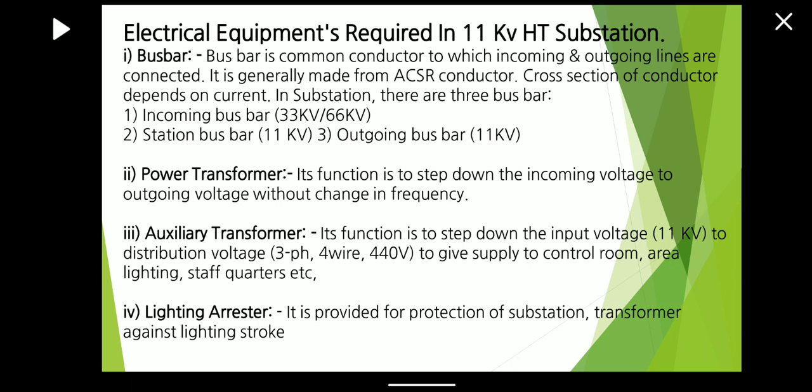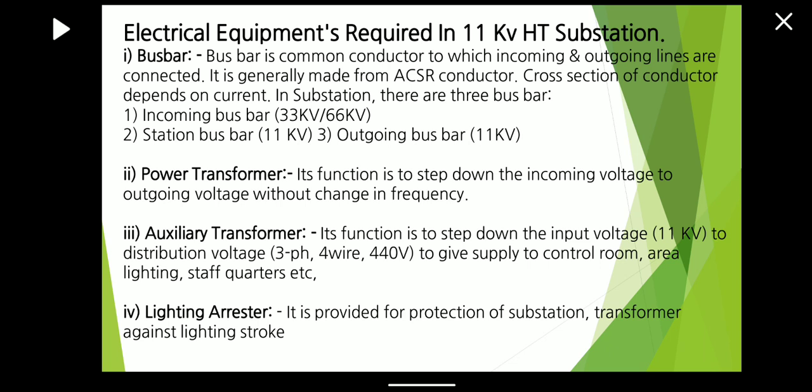In a substation there are 3 bus bars: the incoming bus bar of 33 kV or 66 kV, the substation bus bar of 11 kV, and the third one is the outgoing bus bar, which is 11 kV.